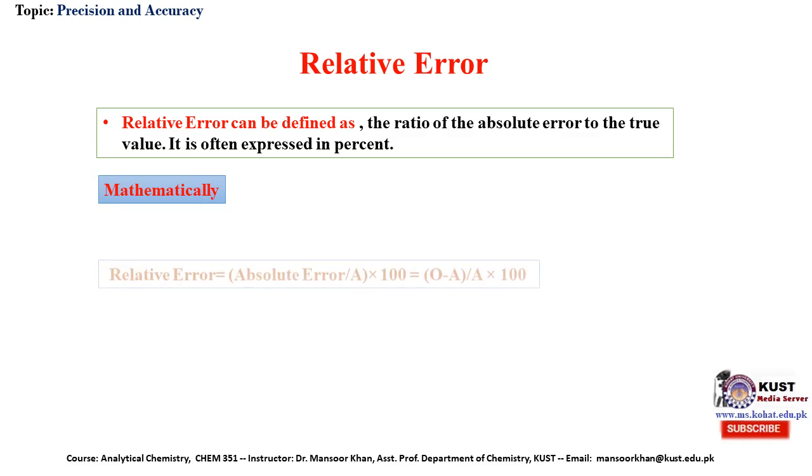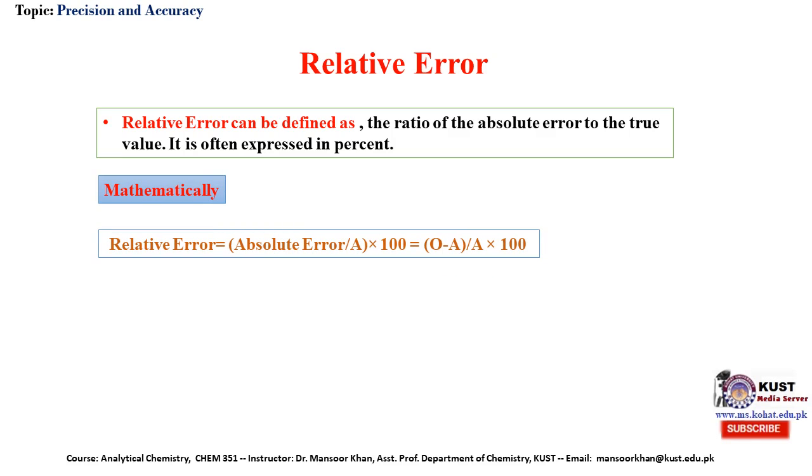Mathematically, relative error is equal to absolute error divided by accepted value multiplied by 1000. O stands for observed value and A stands for accepted value.